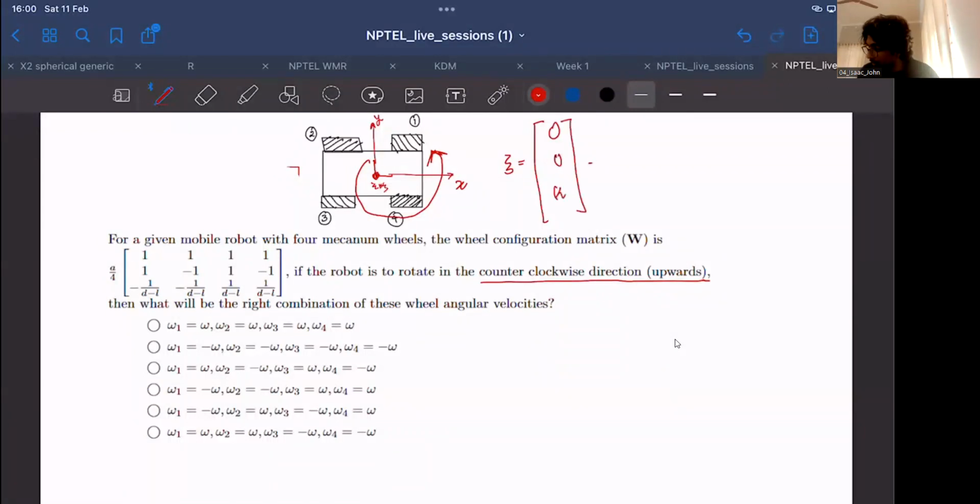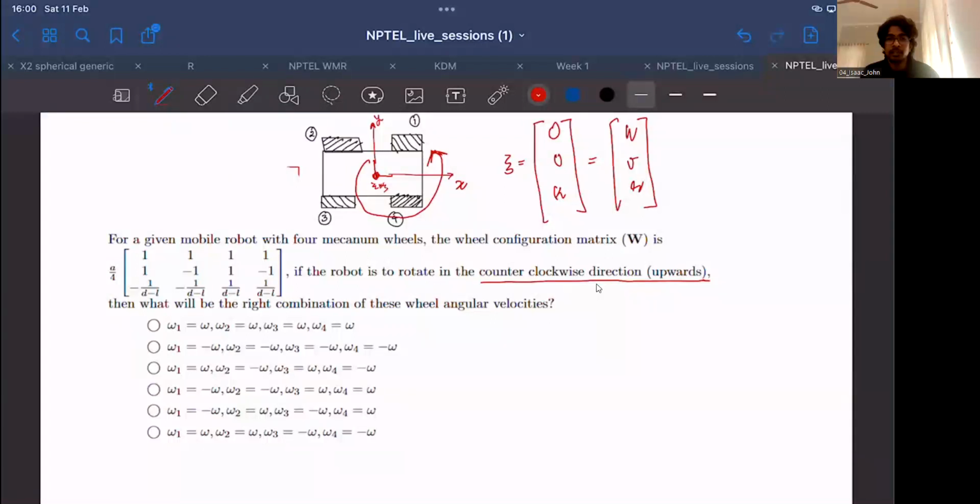U, V, R. I hope you are familiar with these terms from the course. U is the velocity along the x-axis. V is the linear velocity along the y-axis, and R is the angular velocity of the robot about the z-axis, and the rotation is planar.